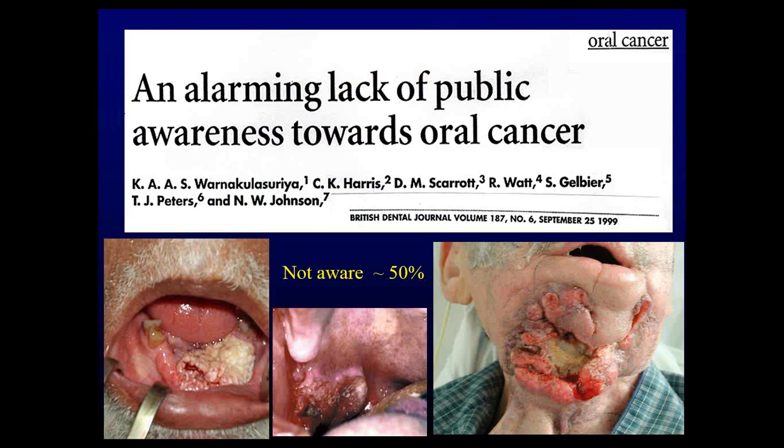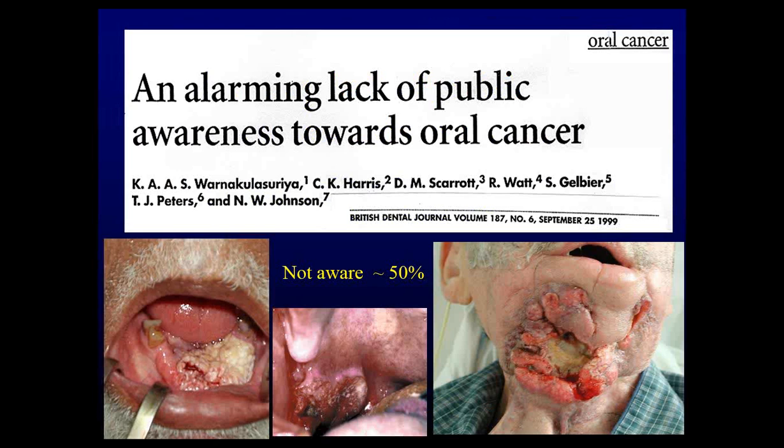A few years back, research was carried out among the general public in the UK, and it was shocking to know that almost 50% of the general public were not aware of cancer happening in the oral cavity. I'm talking about a Western developed country, 50% not being aware.